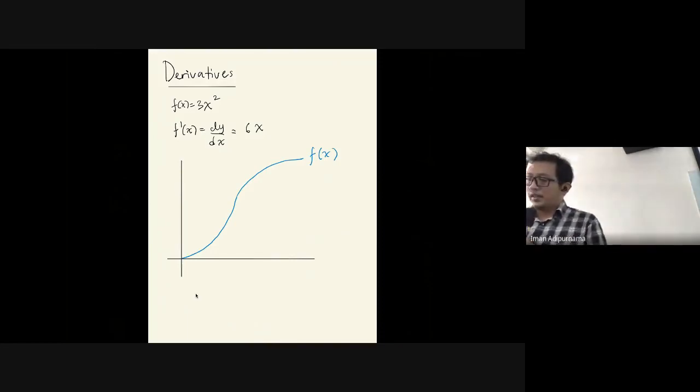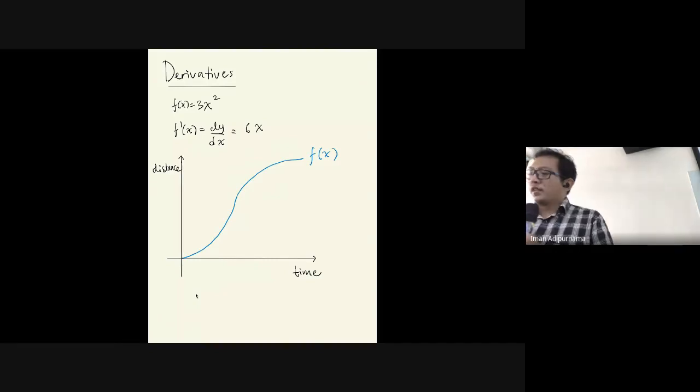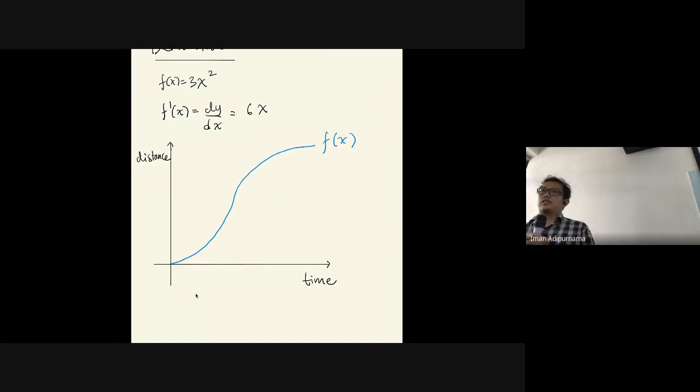If I make the x-axis as time, and the y-axis as distance, it's similar to physics, right? The position, velocity, etc. in physics. So you have a graph, the function, the blue line like this.